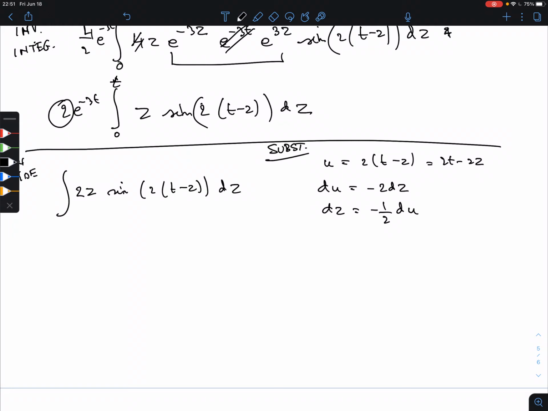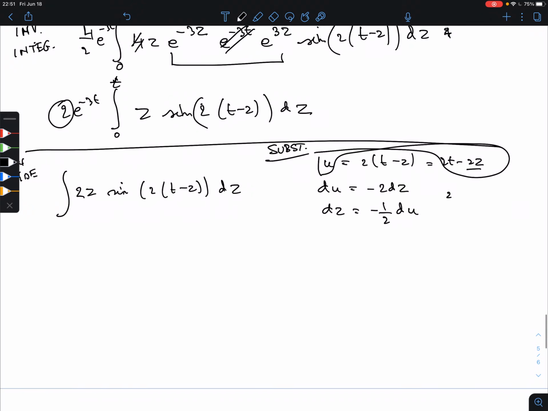Because now, see, it's much easier to solve for 2z. So solve here for 2z in this equation. So that means that 2z is 2t minus u, right? Okay, so we can plug that in. So we get 2t minus u, sine, and dz was minus a half du.